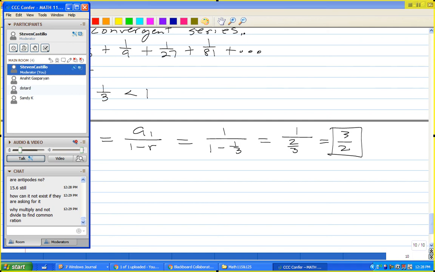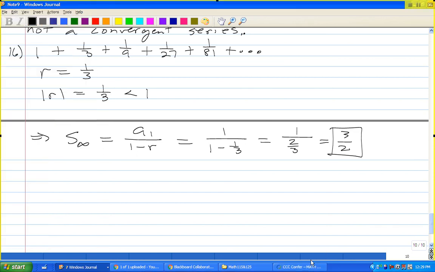Okay, so I'll show you how that happens in 1 second. Why multiply and not divide to find the common ratio? Well, you can divide if you want. It doesn't really matter. I like multiplying, to me it's easier than dividing. 1/3 divided by 1 is 1/3.